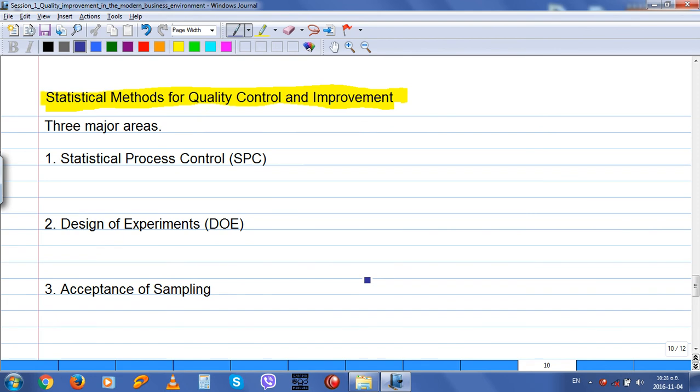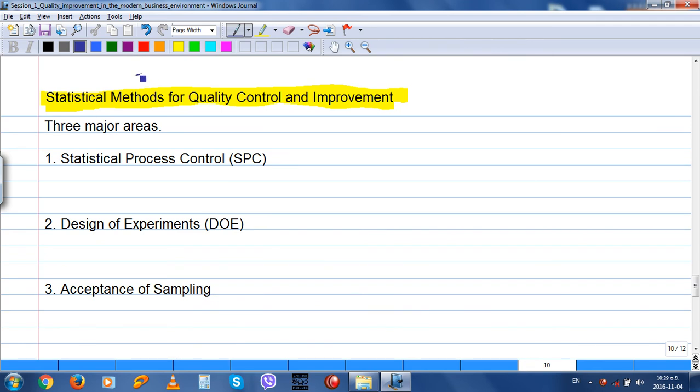Then, statistical methods for quality control and improvement. We can use some statistical methods to control and improve quality. There are three major areas. The first one is statistical process control, called SPC, then design of experiments, as well as acceptance sampling. We are not going to discuss these in a very descriptive manner, so I am going to brief this.